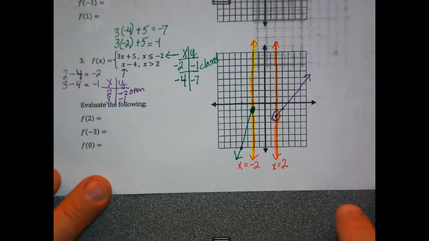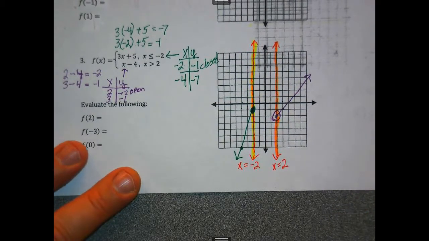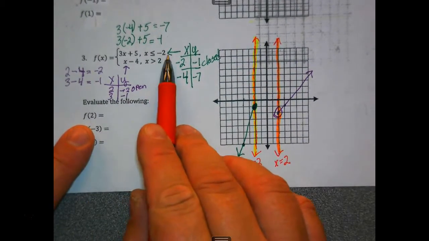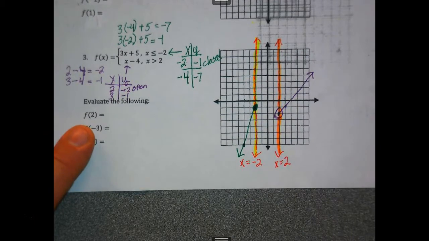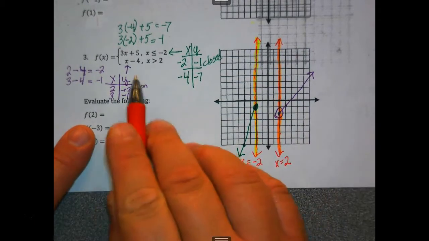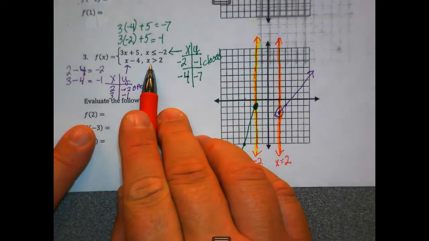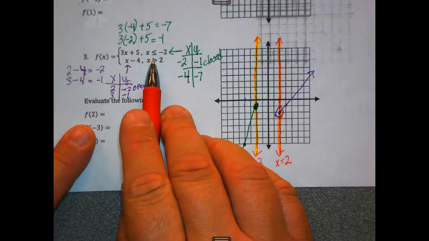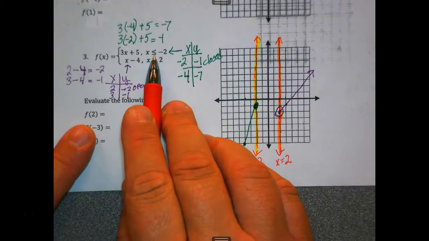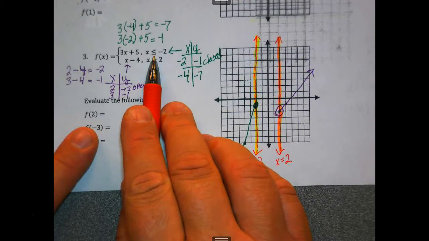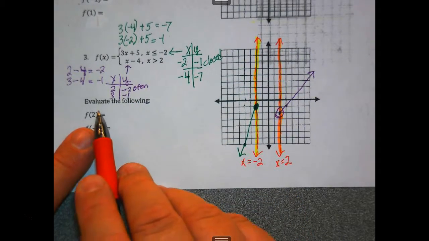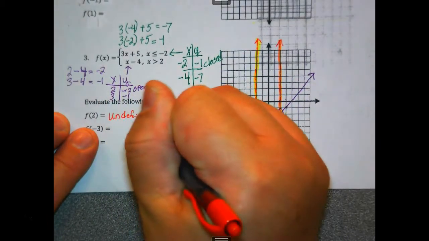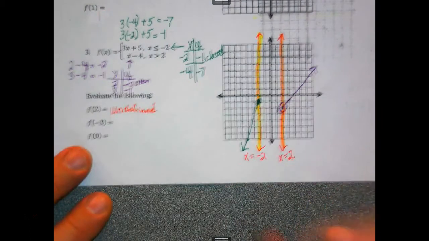Okay, we have to evaluate f at 2. Which one am I going to use if it's 2? Is 2 greater than 2? No. So the top one? Yeah, this is less than -2, so can I take the f of 2? No. Nope, it's undefined, right? Undefined, no solution, however you want to do it.